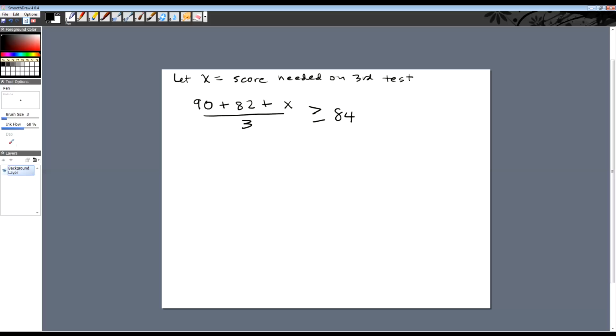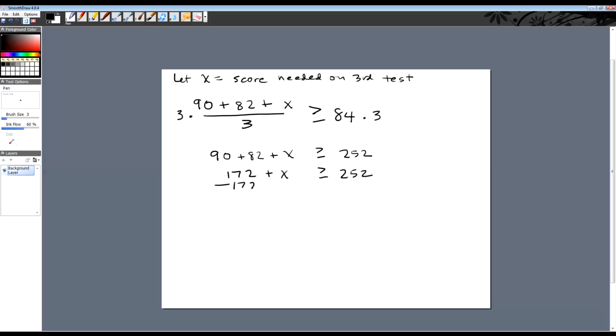So what we're going to do here is multiply both sides by 3, as long as you multiply both sides by the same value. 84 times 3 is 252. 90 plus 82 is 172 plus X. It's greater than or equal to 252.